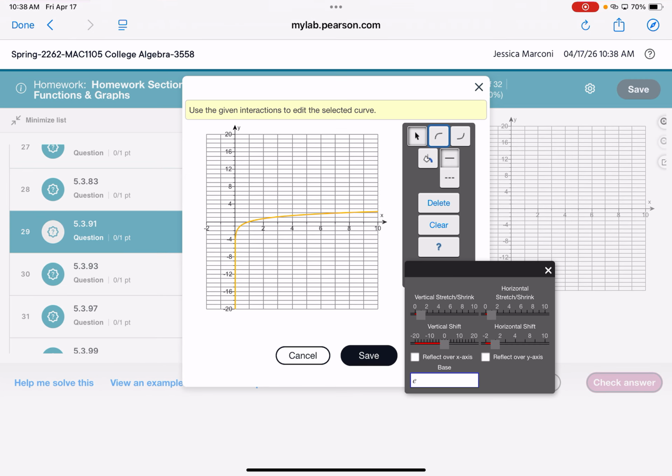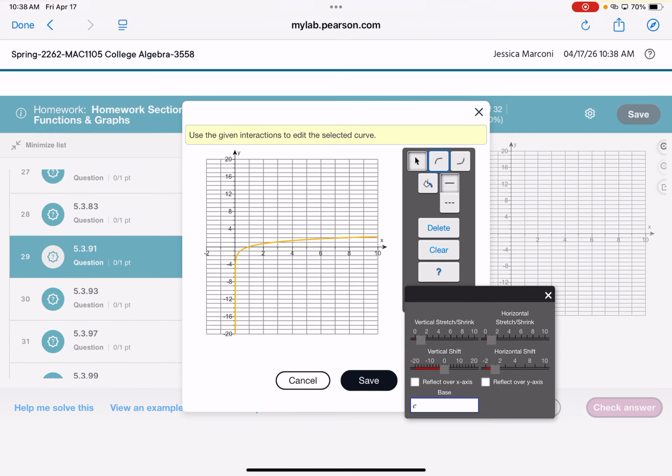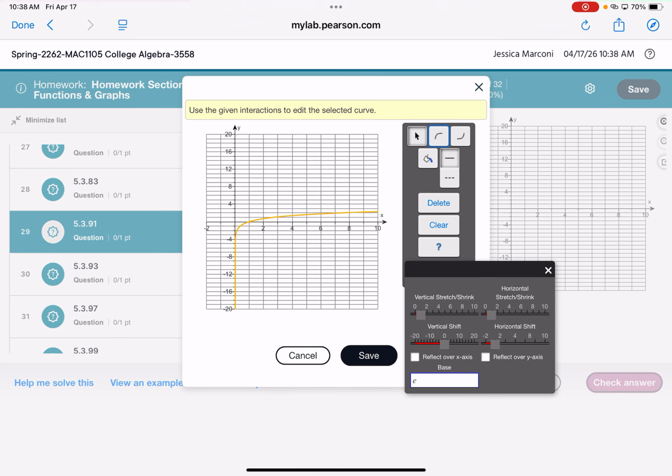And then I am going to do my transformations, but it won't let me. What was it? 6 minus ln of x.